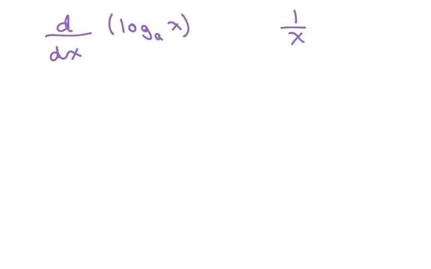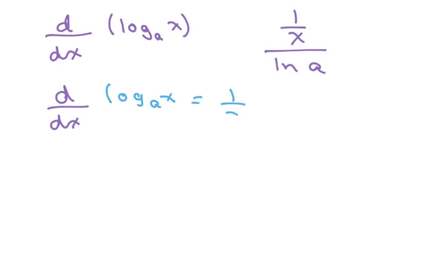So it's divided by ln of a, the natural log of a. So basically that means if we take the derivative of log base a of x, that's going to be 1 over x times 1 over ln of a. So it's kind of the same thing we did before, but last time we used log, and now we're using the ln, the natural log.